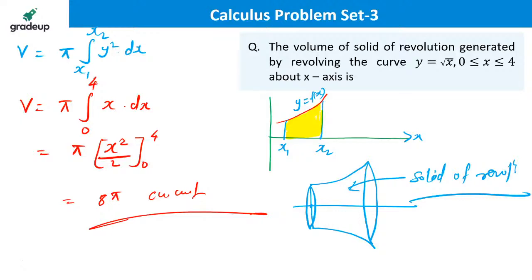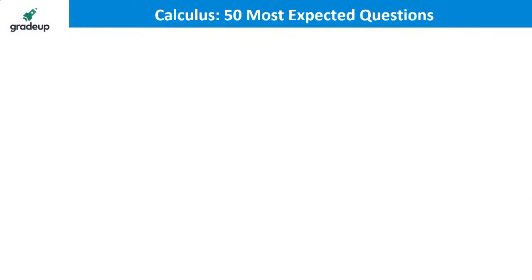Agnibha Banerjee, if this is asked about the y-axis, if you are revolving about the y-axis, in that case there are slight changes. In that case your limits will be y1 to y2, and your curve should be expressed as a function of y.